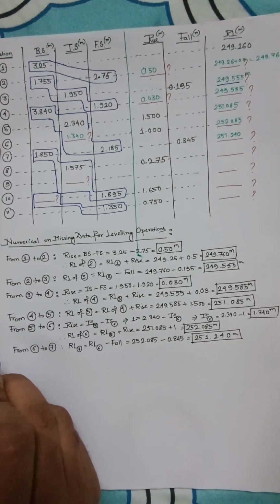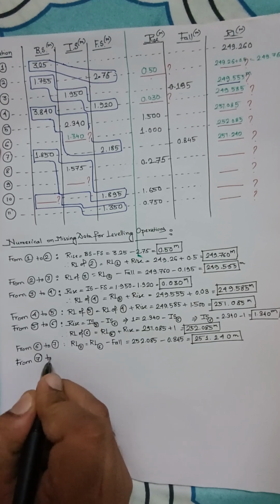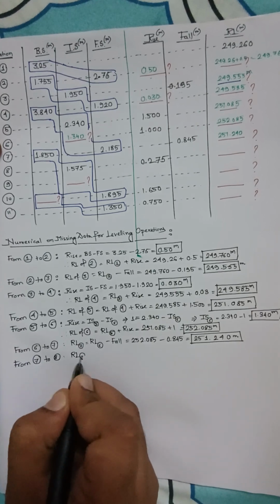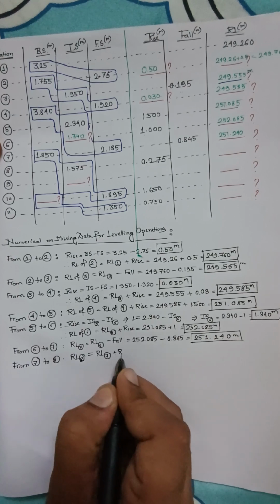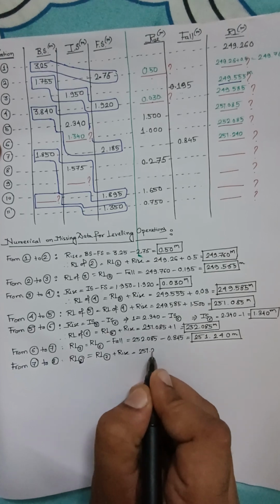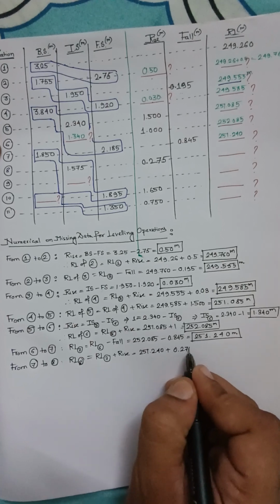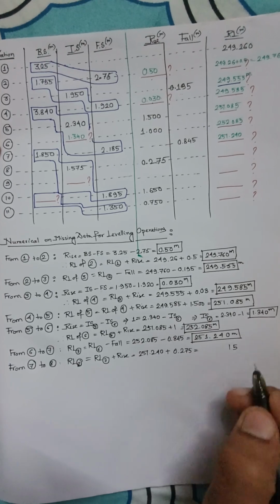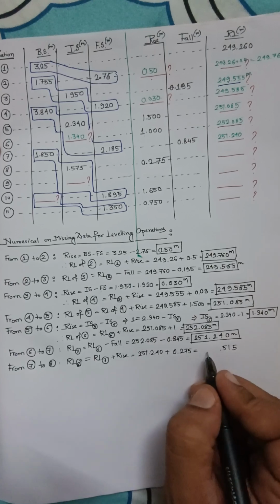Now you are going from 7 to 8. You see, you're slowly figuring out the thing. RL of 8 will be equal to RL of 7 plus the rise, which is 251.240 as we have calculated from the previous, plus the rise, which is 0.275, which sums up to 5. 7 plus 4 is 11. 2 plus 2 is 4, but we have 1 in hand, so 5, and we have nothing over here.